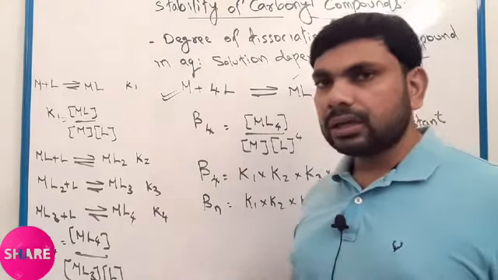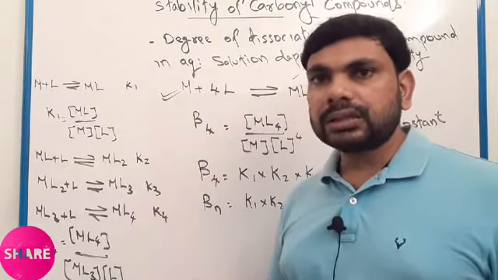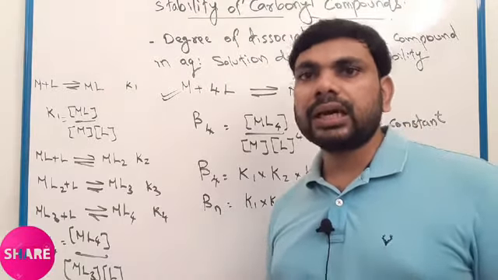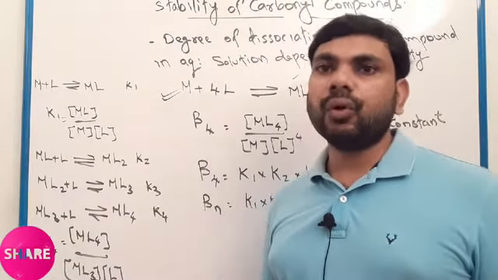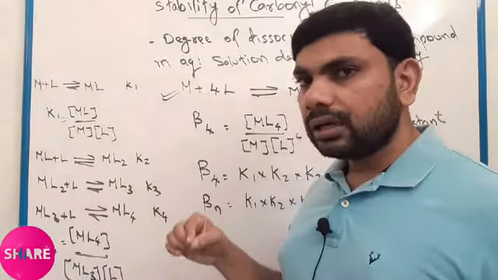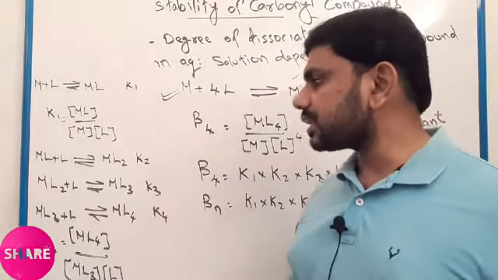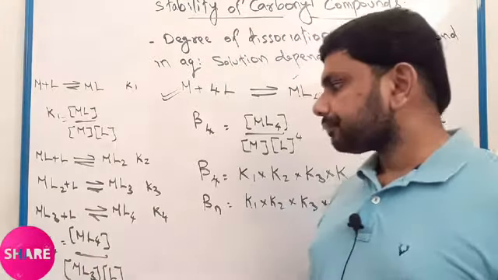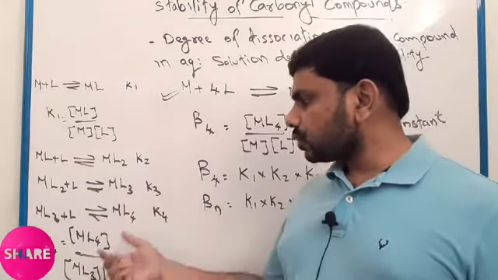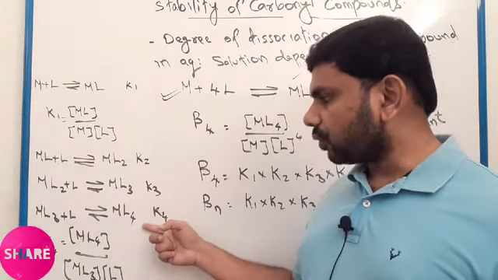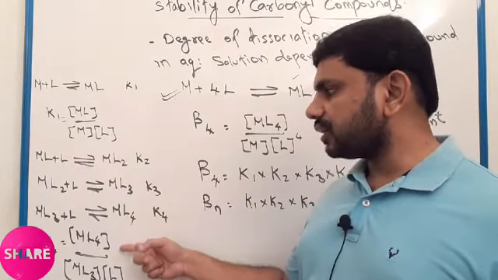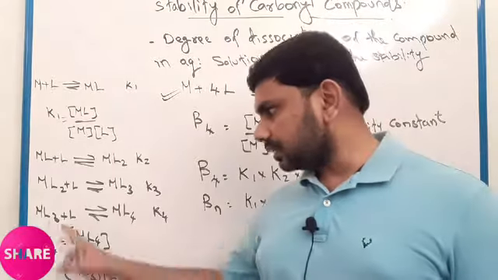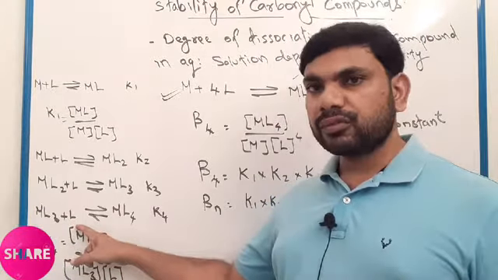And in the last step, ML3 reacts with another ligand and forms ML4. The equilibrium constant or stability constant for this fourth step is K4. K4 equals the concentration of ML4 divided by the concentration of ML3 times the concentration of L.